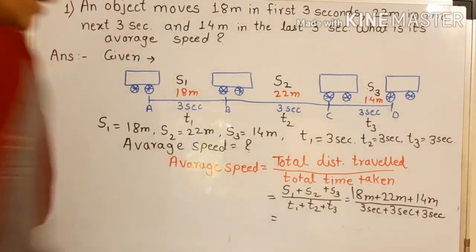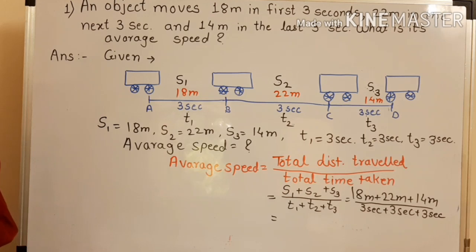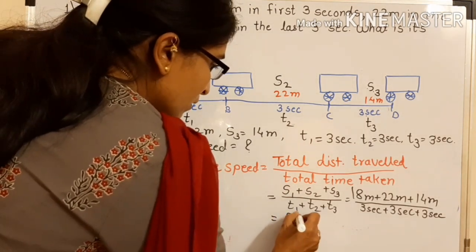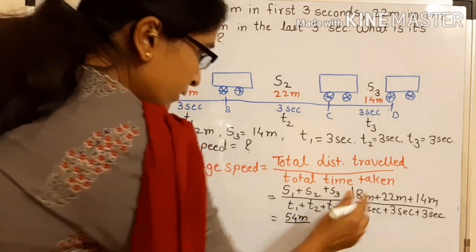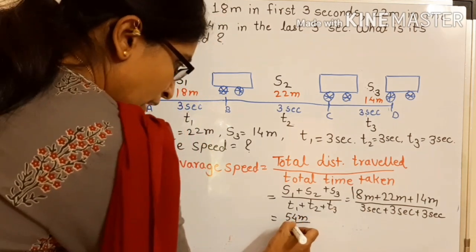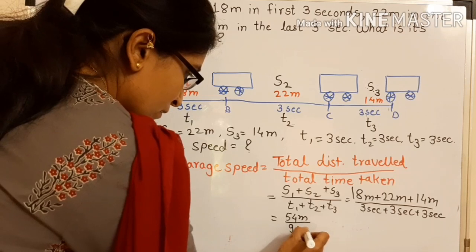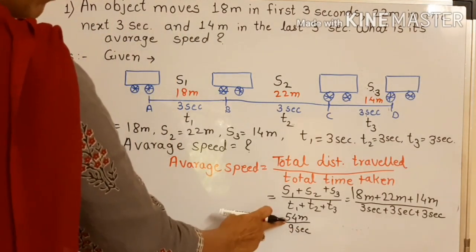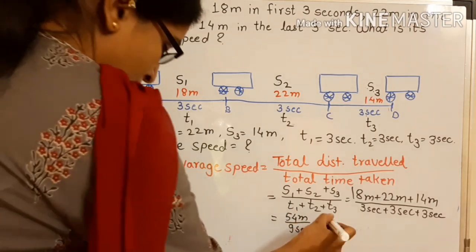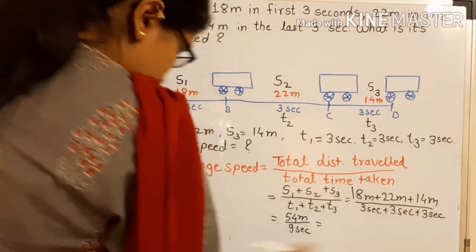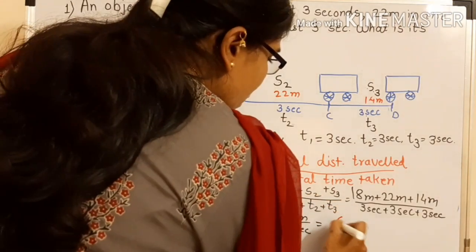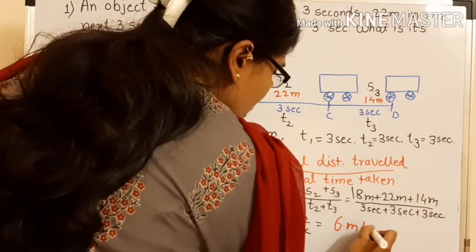Add the numerator: 18 meters plus 22 meters plus 14 meters, the total is 54 meters, and the total time is 9 seconds. Now divide 54 by 9, the answer is 6 meter per second.